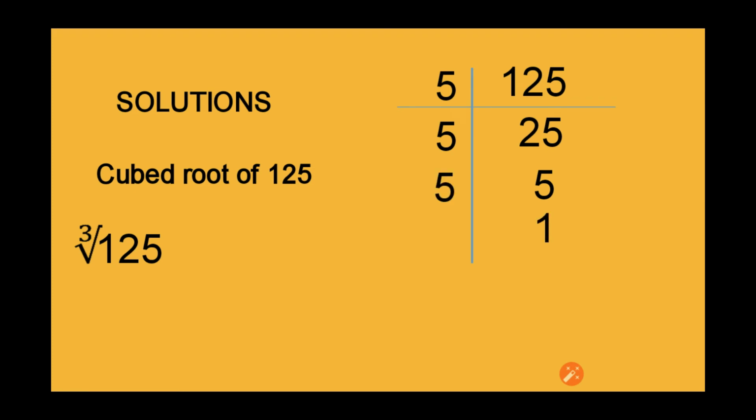I will group my 5s in groups of 3. I'm just going to take one number out of this group. I'll take out 5. Therefore, the cube root of 125 is equal to 5.